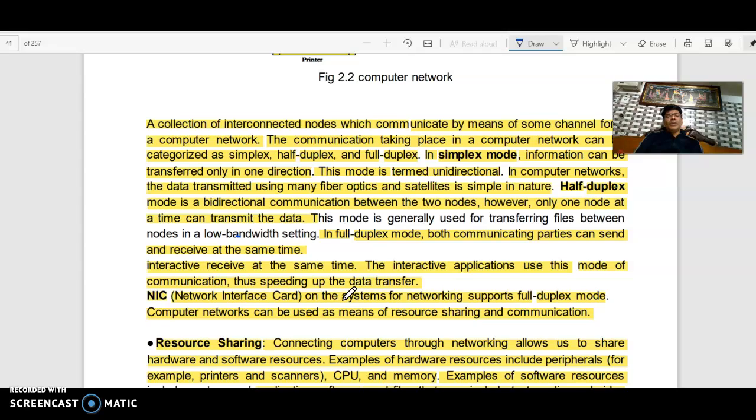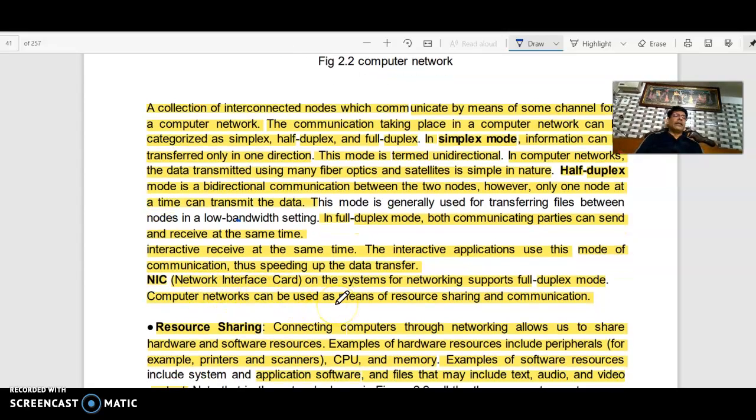Now next we will be talking about the NIC card, network interface card. This card must be available in each communicating device, whether it is a mobile, a computer, or a printer, whatever device is connected to the internet must have a network interface card.